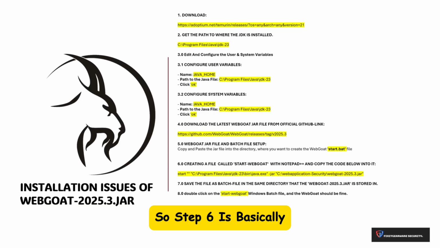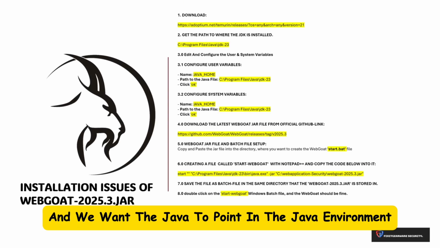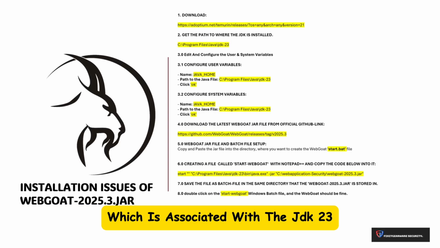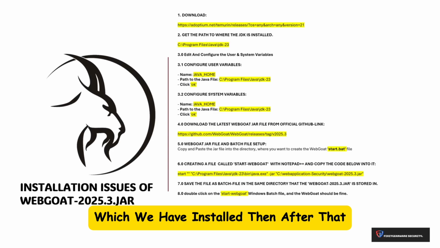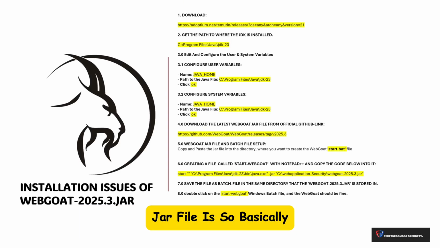So step 6 is basically stating that we want to start WebGoat, and we want Java to point to the Java environment associated with the JDK23, which we have installed. Then after that, we move on to point to the path where the WebGoat jar file is.